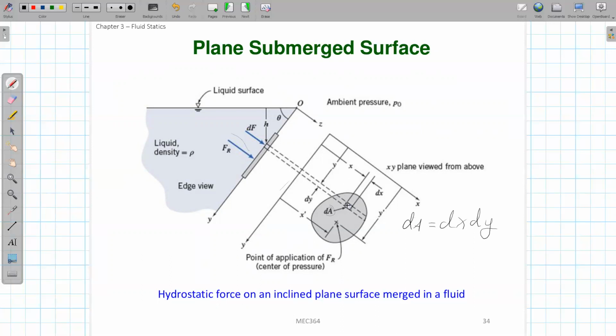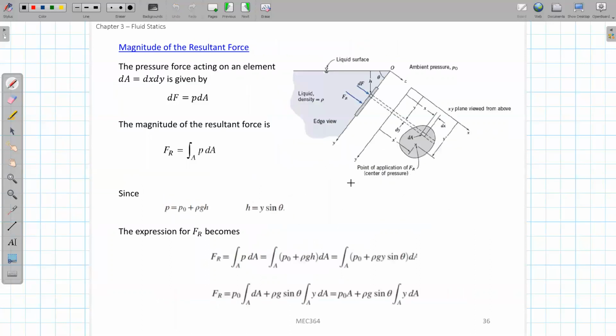So what is the pressure force working on this surface? The pressure force acting on this element is just dF equals P times dA, where P is the pressure at this location.